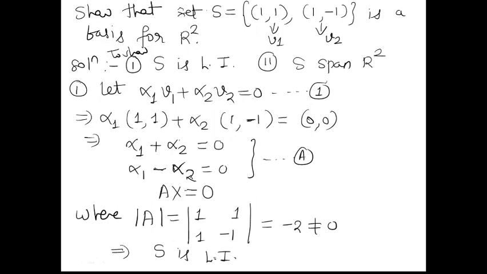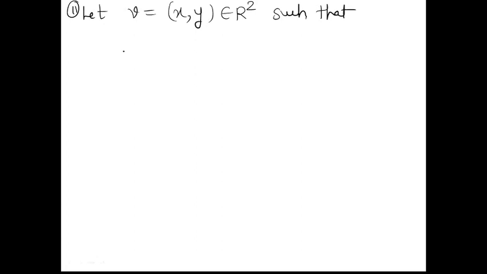Now let's prove the second one, that is, S spans R2. For this, we'll consider one arbitrary element. Let V equal to, say, the ordered pair (x, y) belonging to R2, such that this V is a linear combination of V1 and V2. That is, V is alpha 1 times V1 plus alpha 2 times V2. Recall that we have already worked out the simplification.